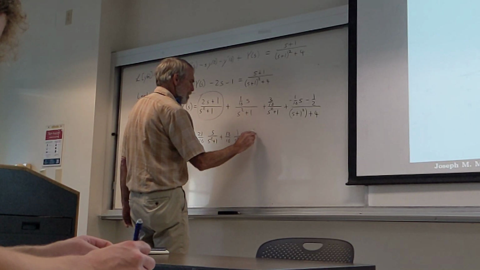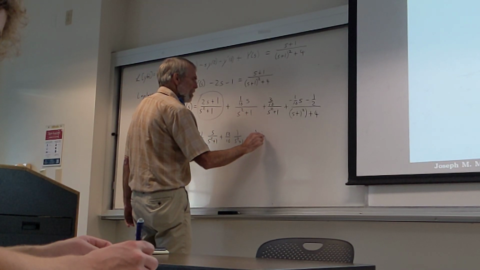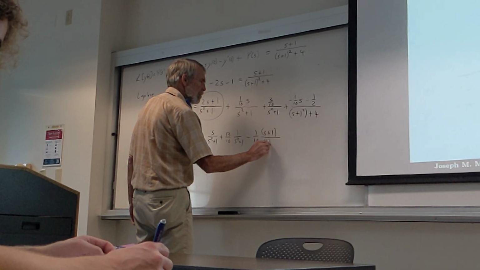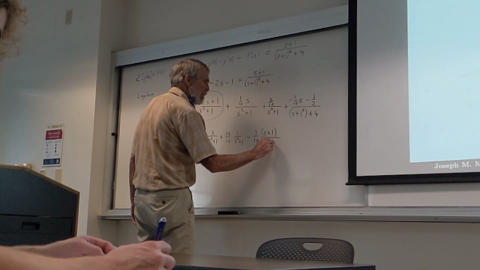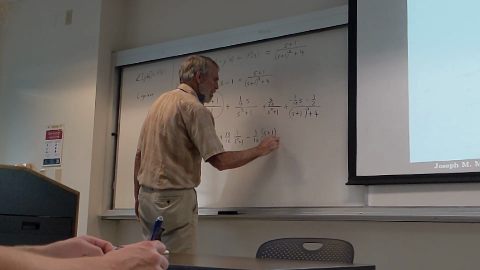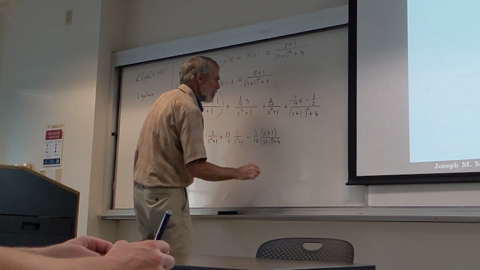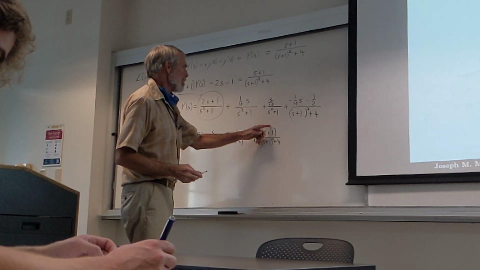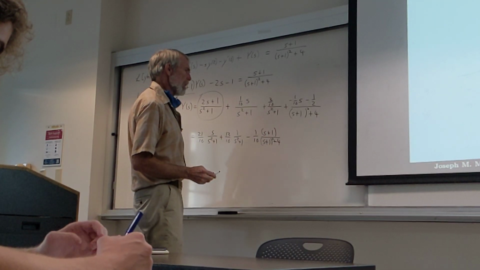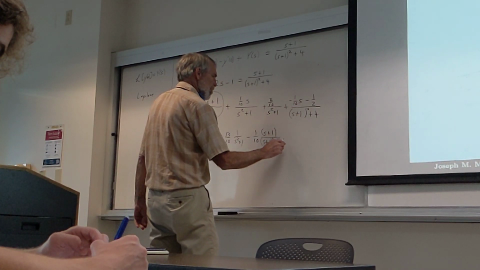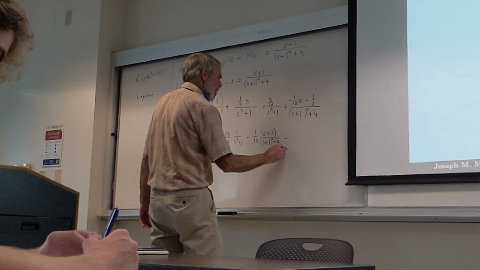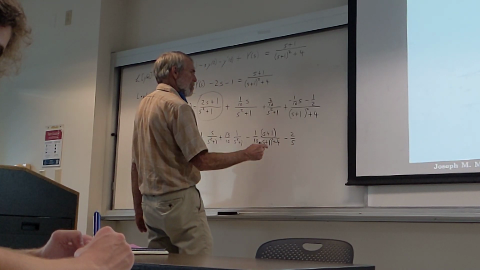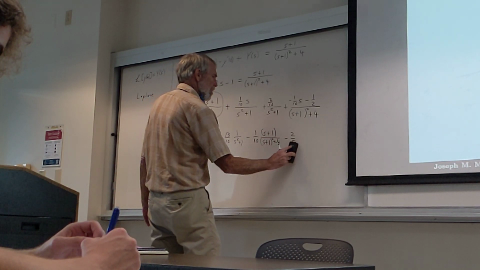Then we're going to get minus 1/10 times s plus 1 over s plus 1 quantity squared plus 4. And I borrowed 1/10 from there, so it looks like 2/5 still left over. So it's going to be minus 2/5. No. What am I doing?